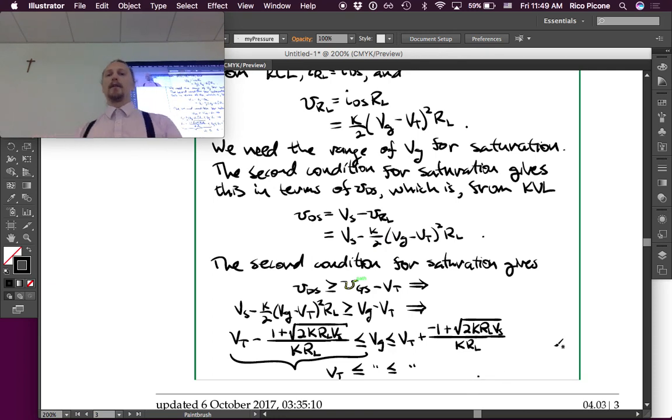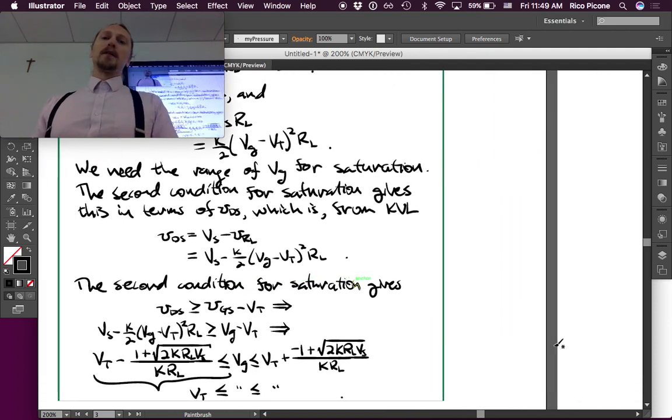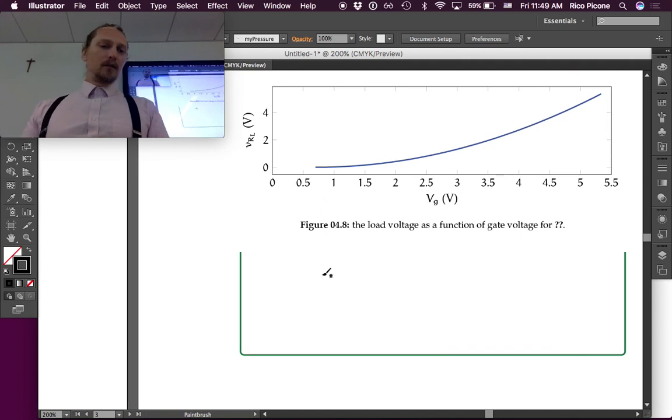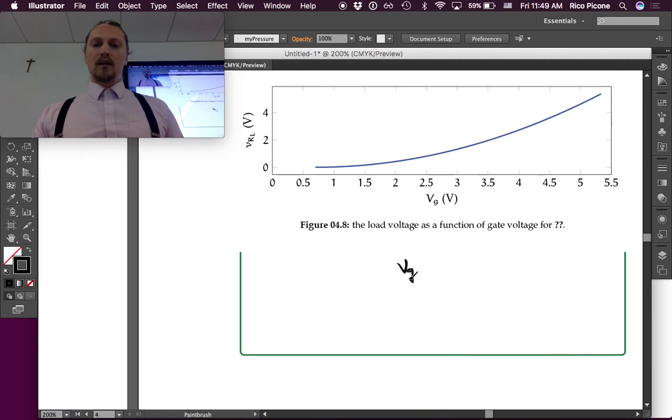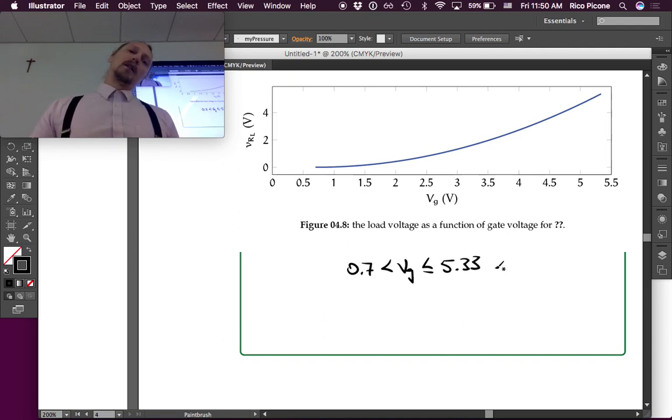That's the stricter bound. If you compute this with the numbers that were given, 0.7 volts for VT, VG has to be greater than 0.7 volts and less than or equal to 5.33 volts.